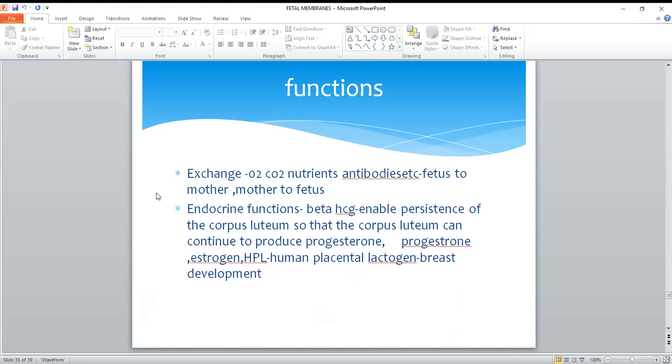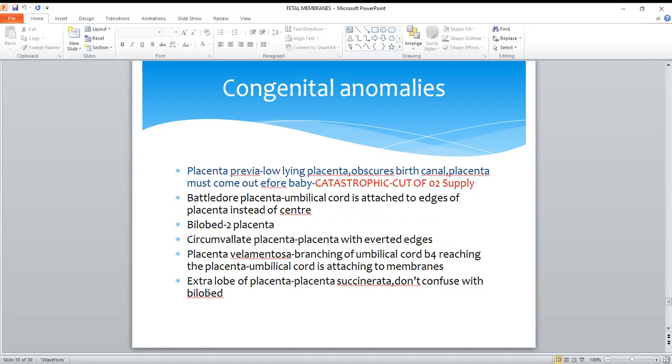It also has endocrine functions. Beta hCG enables persistence of the corpus luteum so that the corpus luteum can produce progesterone. Progesterone, as you know, maintains the pregnancy. You also have other hormones like estrogens and HPL, the human placental lactogen, which is important in breast development.